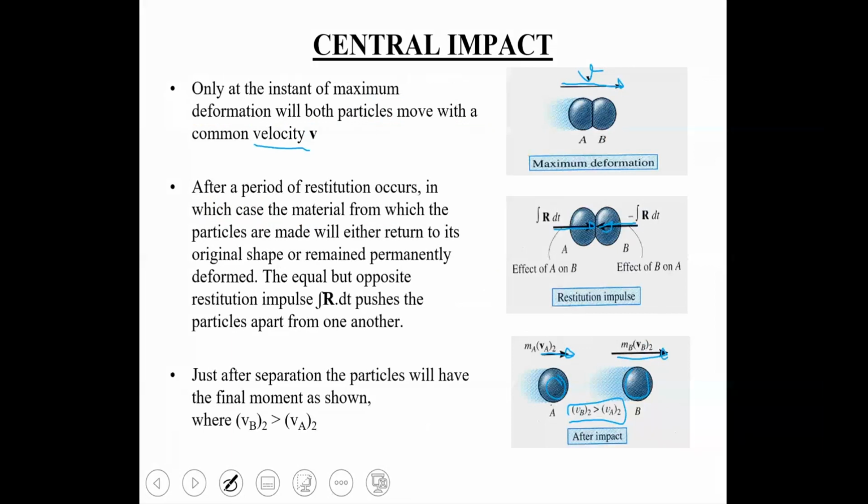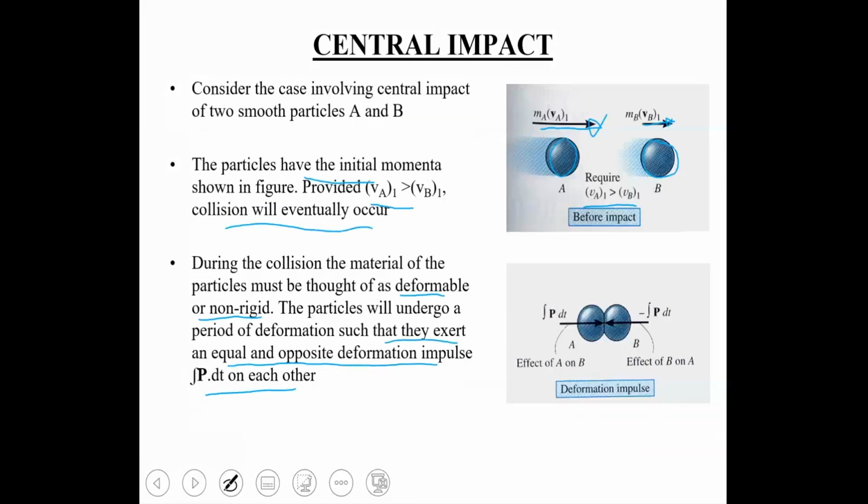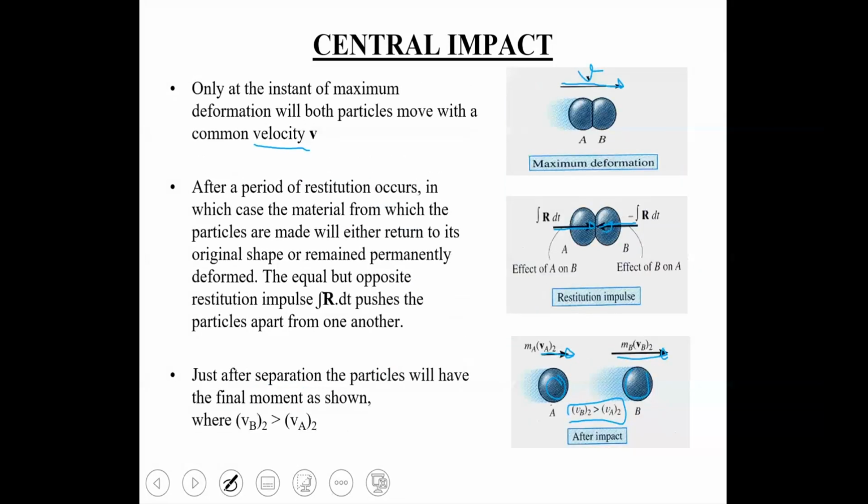Deformation phase क्या था कि deformation phase से पहले ये particle जो है वो इतनी velocity से move कर रहा था, फिर deformation phase आया और इस deformation phase के बाद this particle A was traveling with a velocity v.